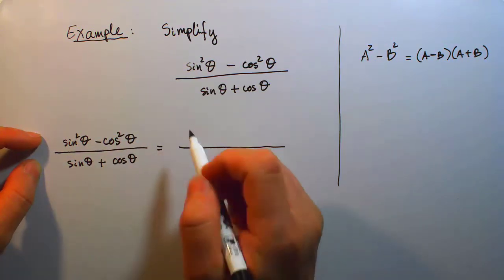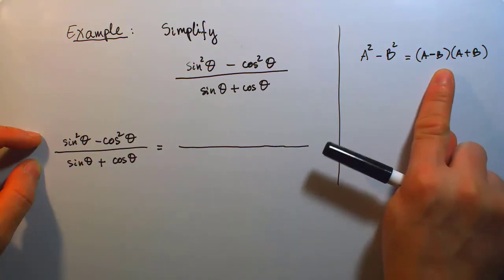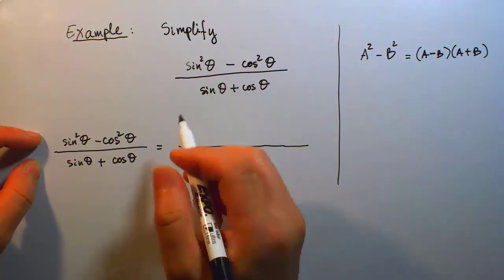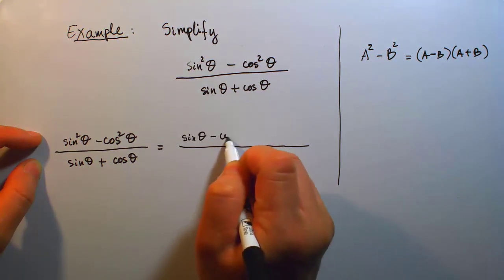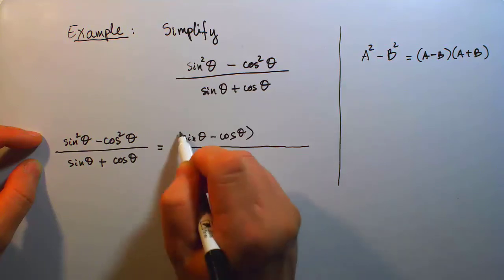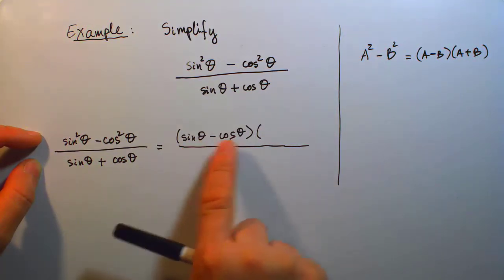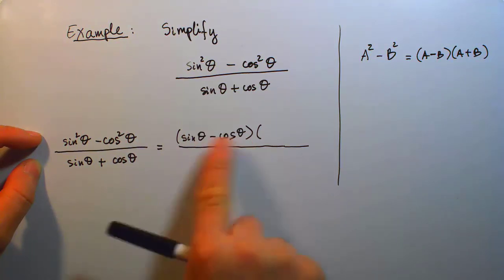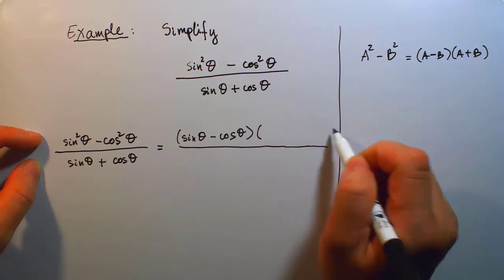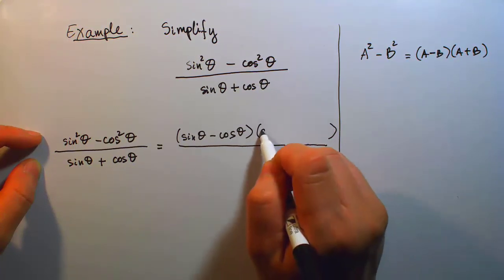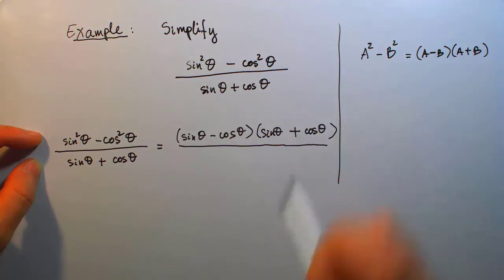Directly using that famous identity, the difference of two squares, I produce sine of theta minus cosine of theta in parentheses, multiplied with another set of parentheses, sine of theta and cosine of theta, but with a plus between them.